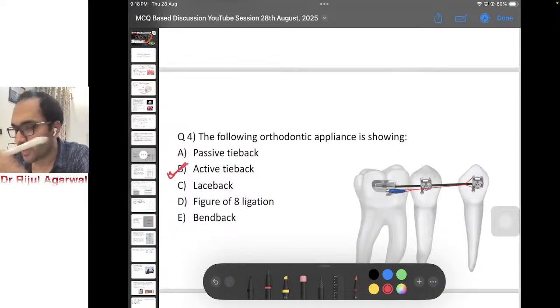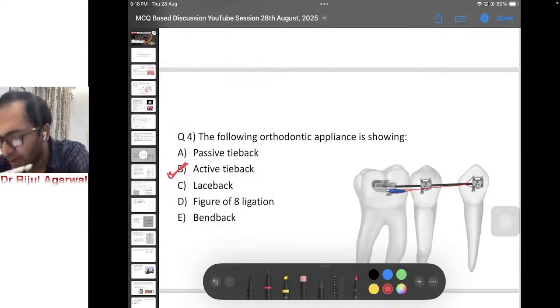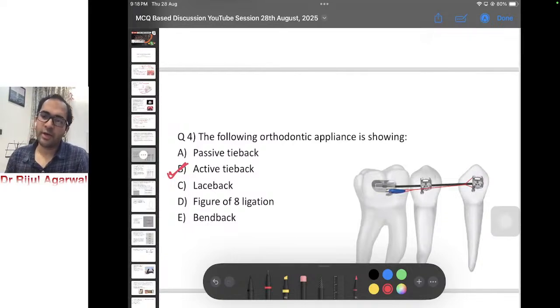So what is passive tie back, lace back, figure of 8 ligation, and lastly bend back? Because as I've told you repeatedly, you have to look at an MCQ with one correct and the rest 3 incorrect as forming 3 more questions in turn.